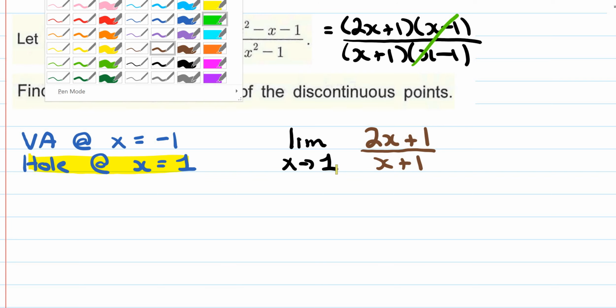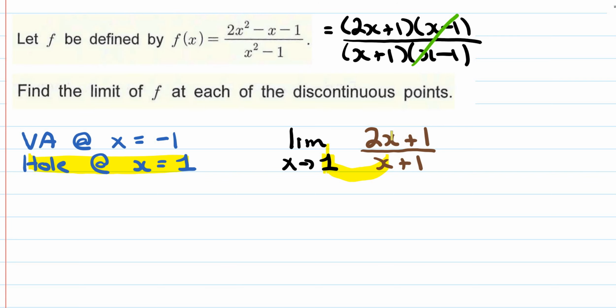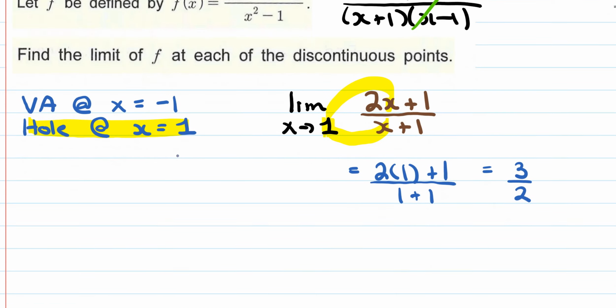If we do a direct substitution for x equals 1, we get 2 times 1 plus 1 all over 1 plus 1, and that gives us a value of 3 over 2. So at the hole, the x value is 1 and the y value is 3 over 2, and that is the coordinates of the hole. That's it when we take the limit as x approaches 1 for the hole.